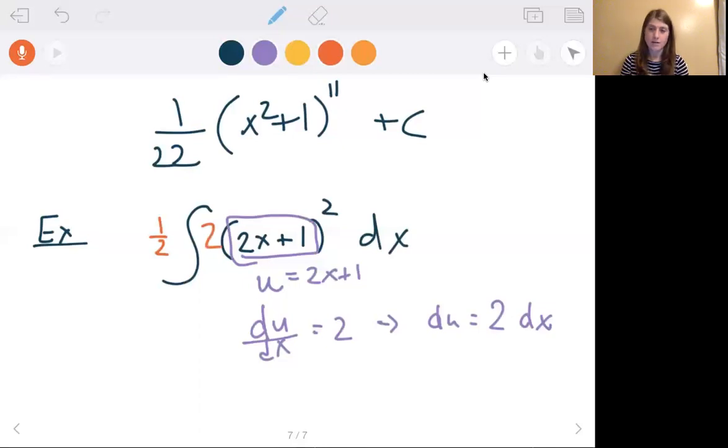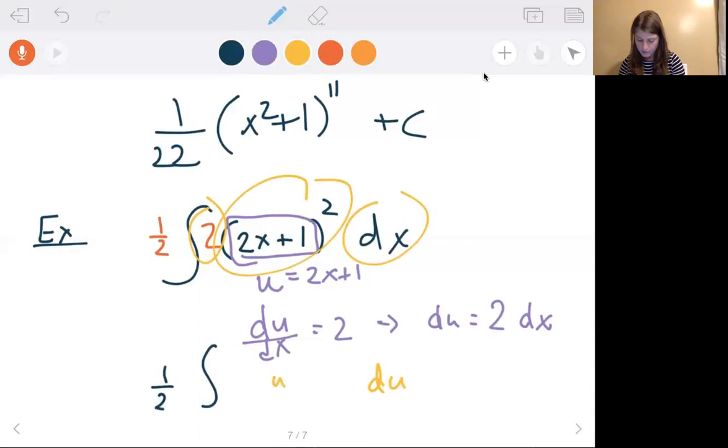What you can't take care of is an x. You can't just multiply by x, divide by x on the outside. That doesn't work, unfortunately. So let's go ahead and note that our 2x dx, that's all going to become a du. And this part is going to become a u squared. So let's finish it up.